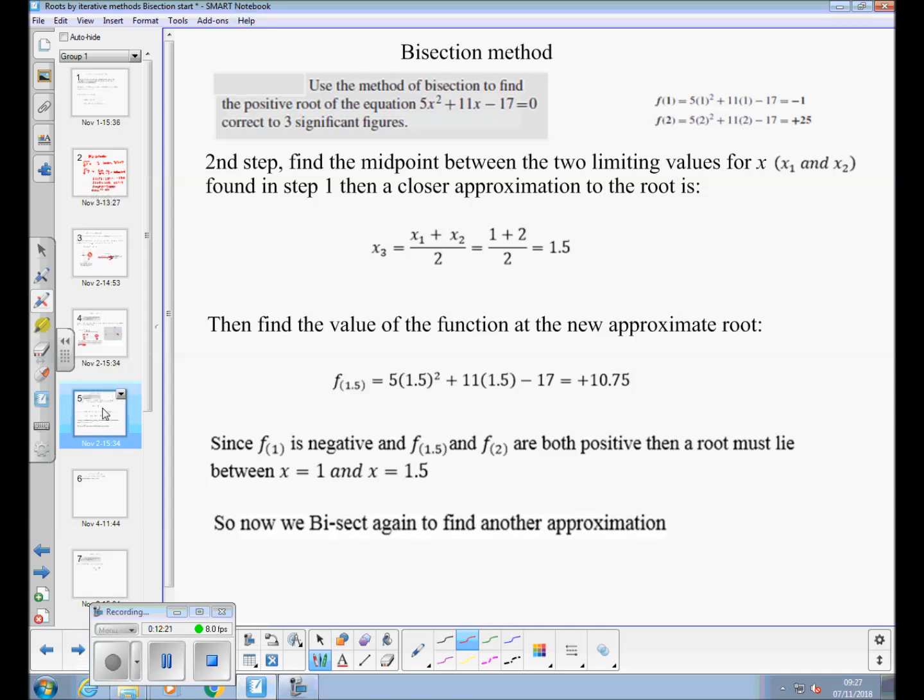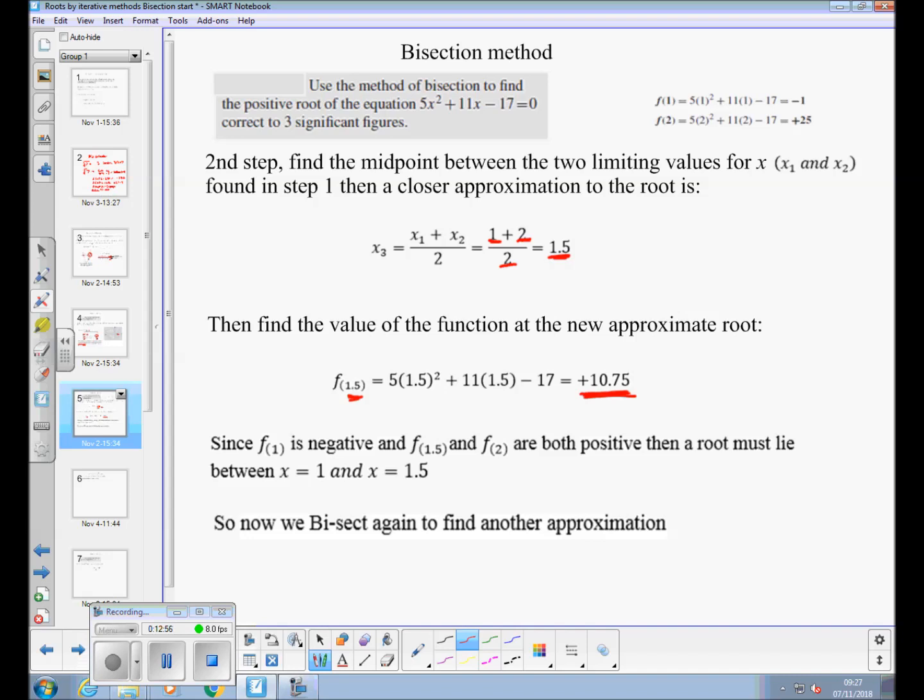So, second step is to find the midpoint between the two limiting values. So the midpoint between the first two guesses. So we've got guess 1 was 1, that's where the result was negative. Guess 2 was 2. Halfway in between is 1.5. So we put 1.5 in place of x in the function, and we get a result of plus 10.5.